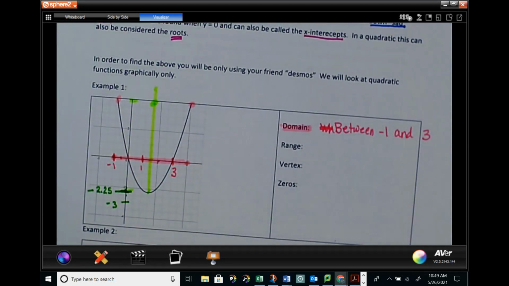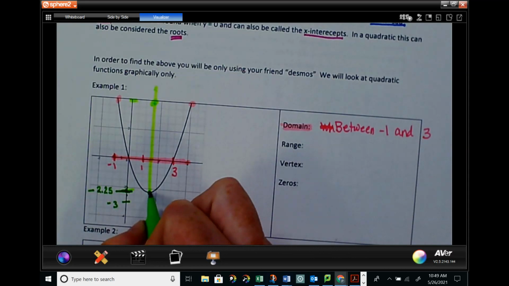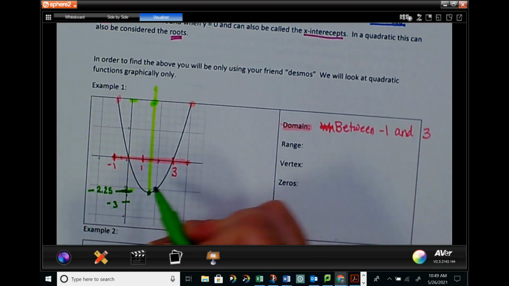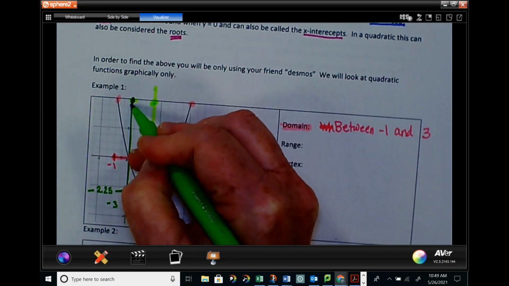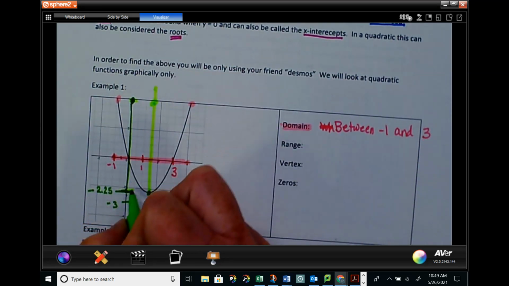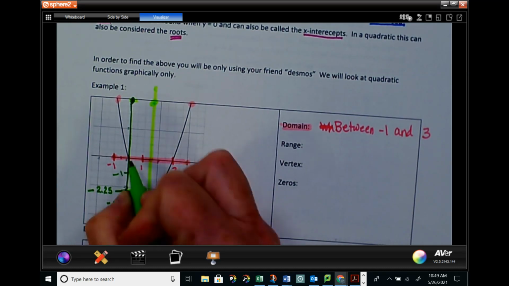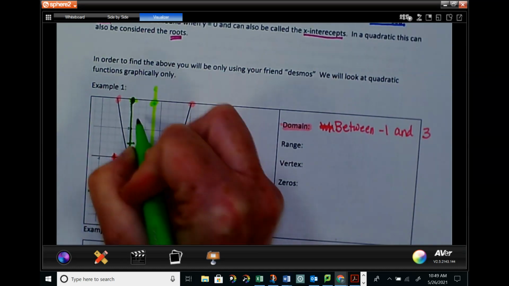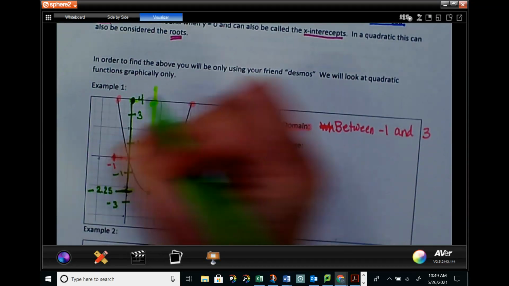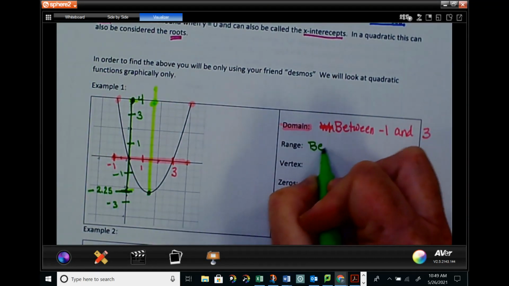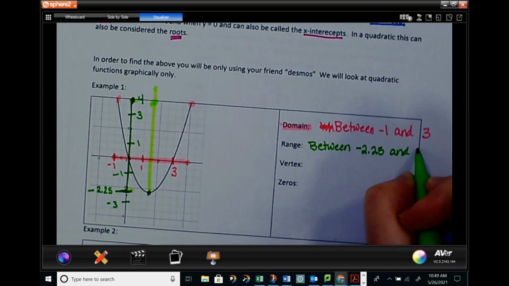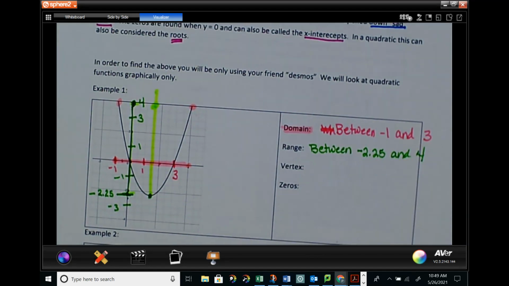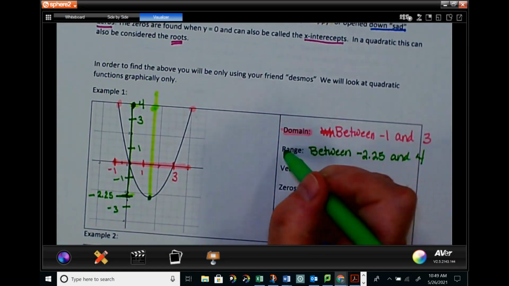So we're just making an educated guess, and that's okay. It's always going to be at that vertex point. Then I'm going to go all the way up to here: 1, 2, 3, and 4. So my range is between -2.25 and 4.